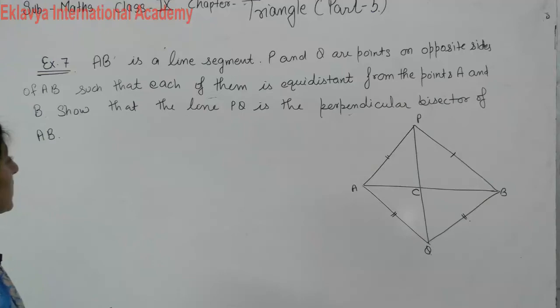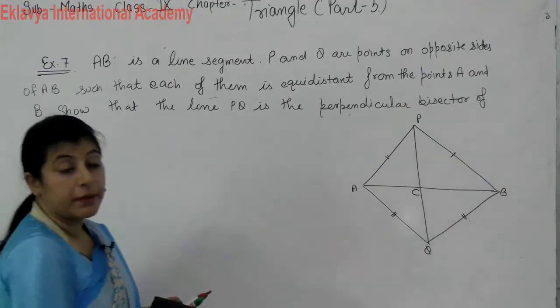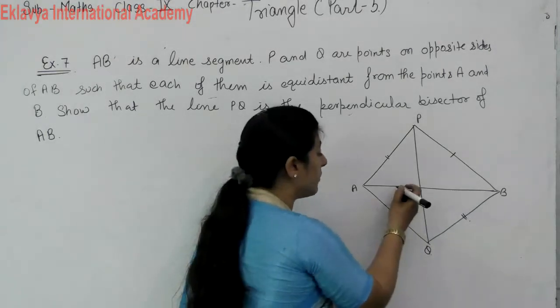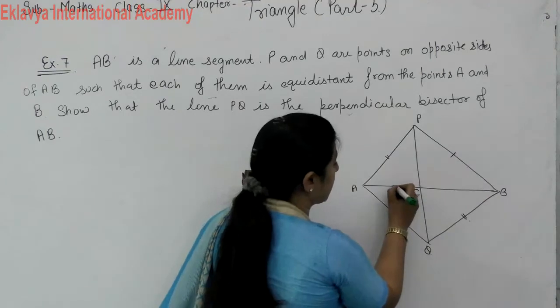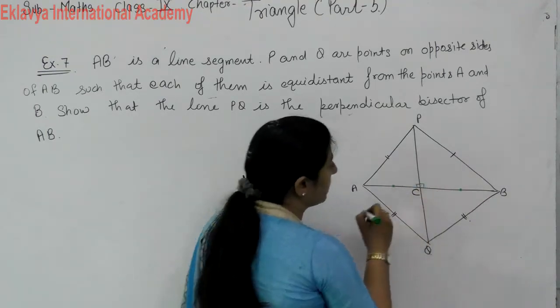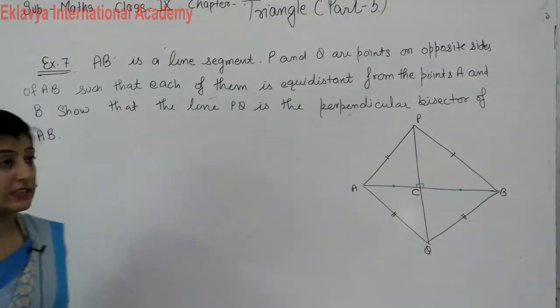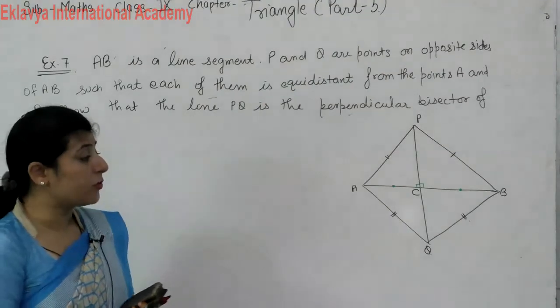And you have to show that PQ is the perpendicular bisector of AB. Bisector means you have to prove AC is equal to CB. Perpendicular means we have to prove these angles are 90 degrees. Okay, now see how to prove it.